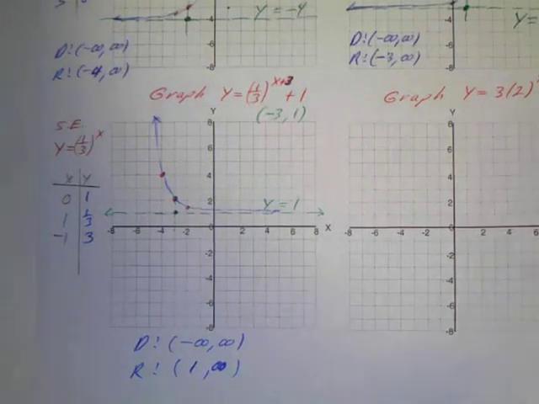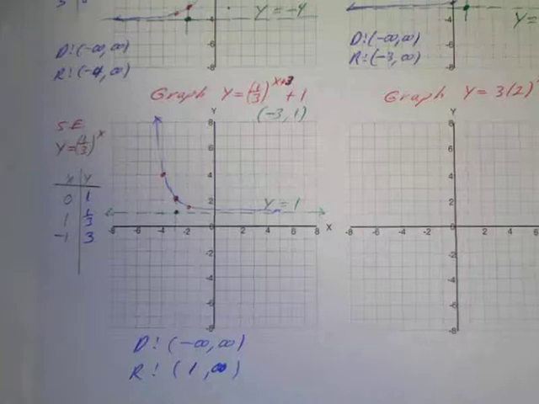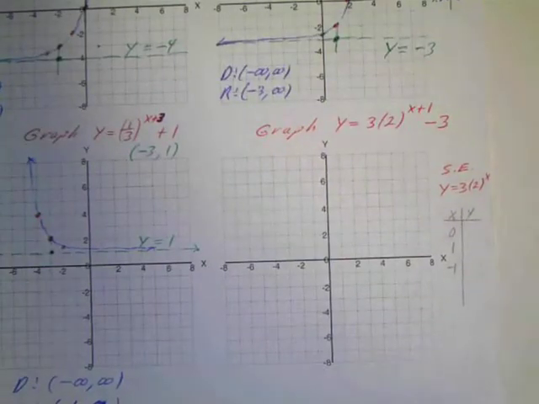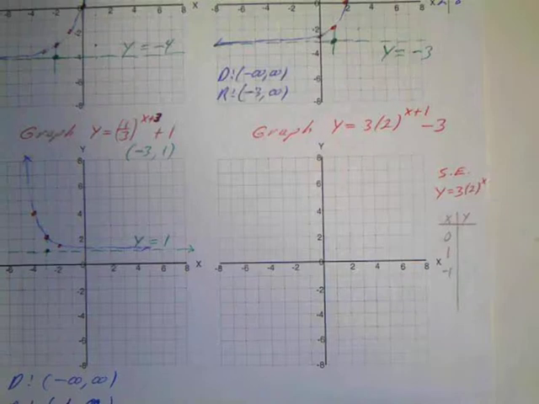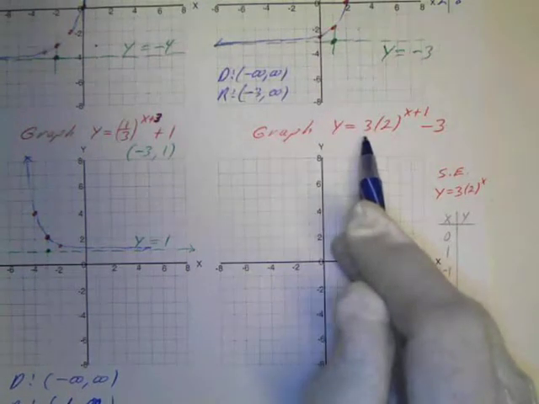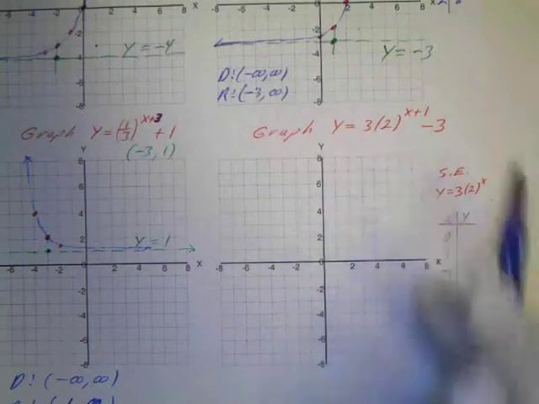And let's try another one. Ooh, now we have a different A. We haven't done these before, have we? Okay, so this is a new type. Y equals 3 times 2 to the x plus 1 minus 3.